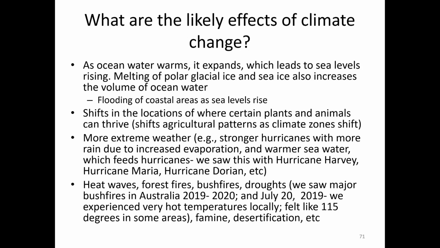Not sure if you remember that, but that particular day, it felt like 115 degrees, which is unusual for the local area. We're also going to continue to see famine and desertification, and overall, just a lot of dire, serious effects of climate change.